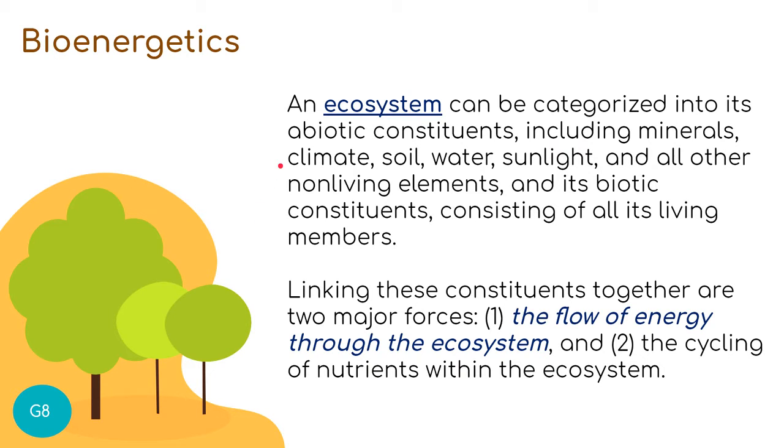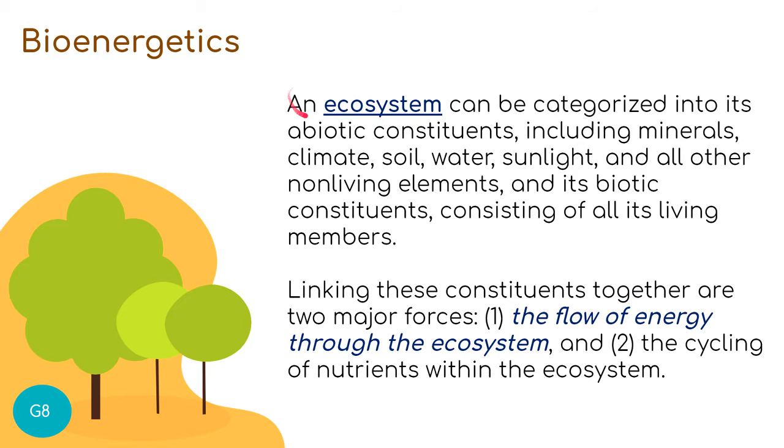An ecosystem can be categorized into its abiotic factors and its biotic factors, or abiotic and biotic constituents. The abiotic are the non-living components of an ecosystem, including the minerals, climate, soil, water, and sunlight. So non-living factors, and then all the living factors. Those will be the biotic factors, which is the community or the living organisms in that ecosystem.